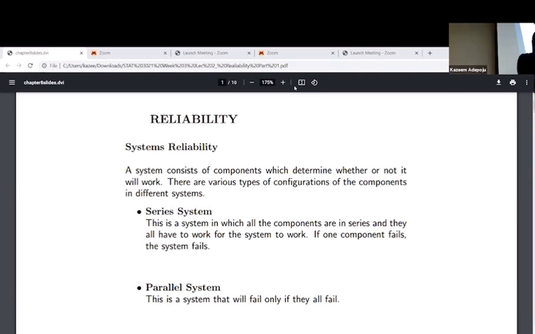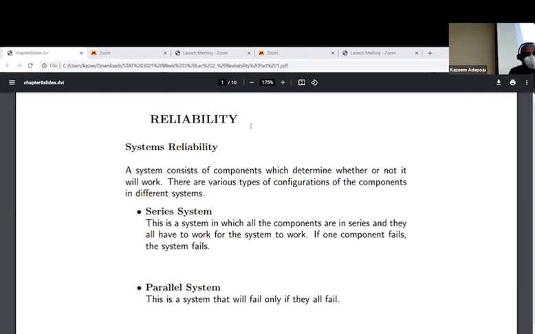Of course, that goes with the parallel because I told you right now, the only condition under which the system is going to fail is if all components fail. Then it means if any of the components is working, if one component is working, okay, thank you.